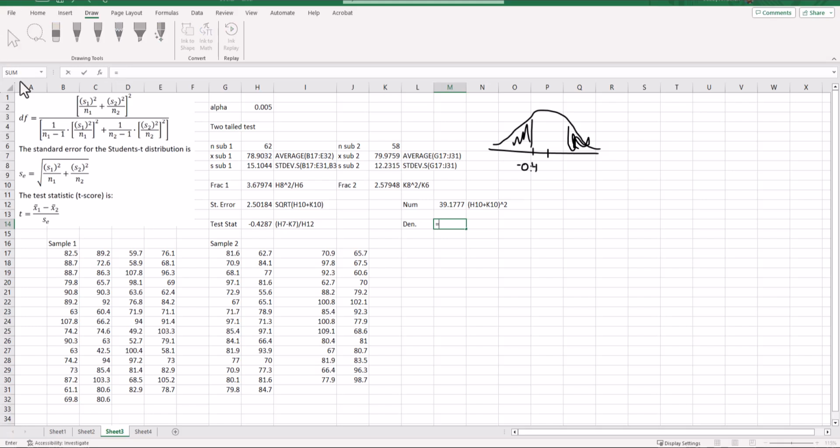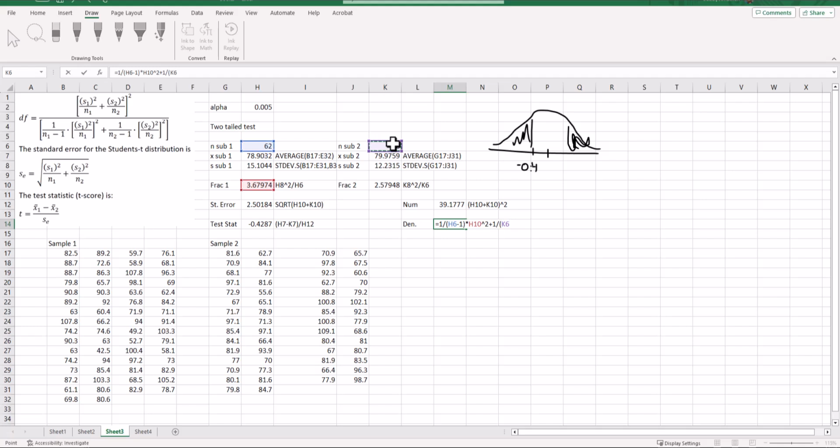we have 1 over n sub 1 minus 1. You can think of that kind of like our old school degrees of freedom, but we're actually calculating the degrees of freedom here, so you might not want to. And then we multiply by our fancy fraction, and notice it's squared. And then now we have plus 1 over n sub 2 minus 1.